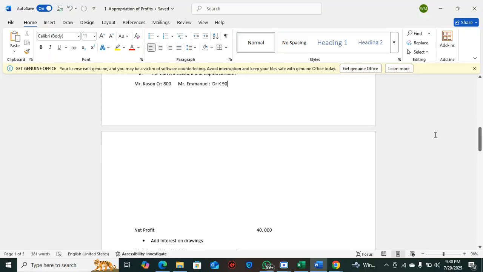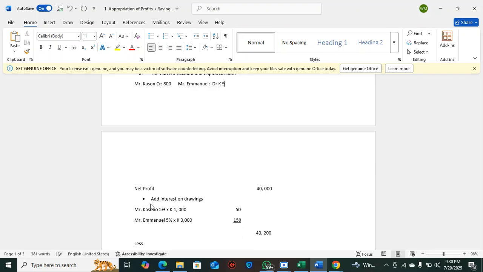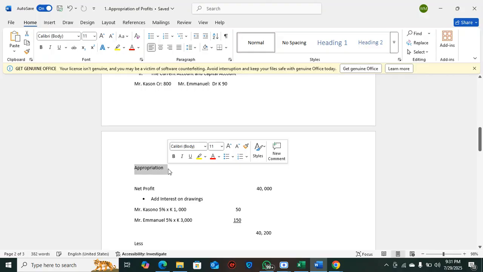So we start the appropriation. On the current account, if there's a debit balance, it means you're owing.